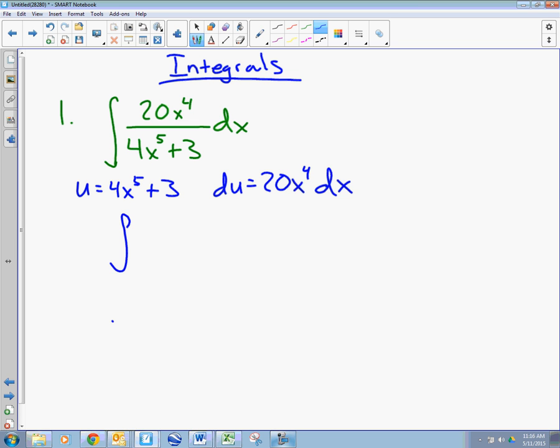So, I got the integral of what? Oh. Okay.